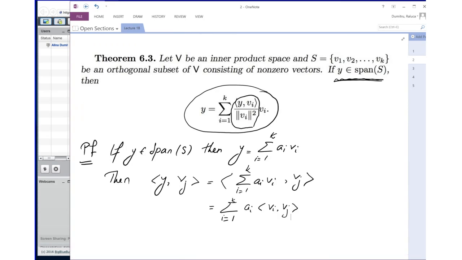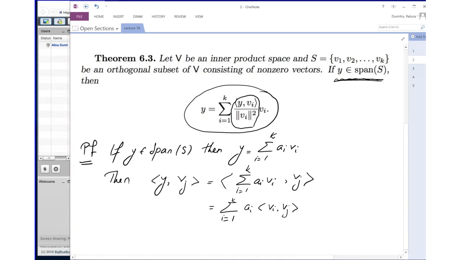Now what is the inner product between v_i and v_j? Zero, unless, remember that j was arbitrary, unless j is exactly i. In that case, I don't know what it is because the set is not supposed to be orthonormal. It's just orthogonal, right? It's not assumed to be orthonormal.